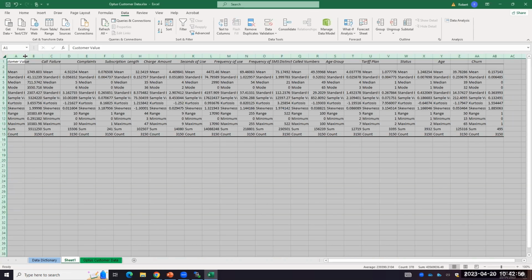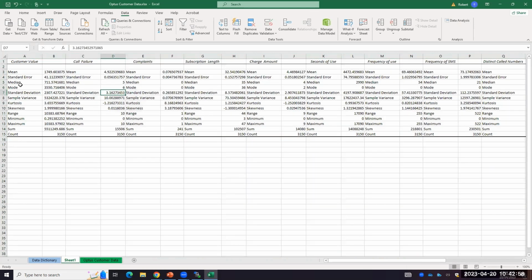And then we'll just expand this out. Okay, so this is good because it tells us something about the data. For example, for customer value, it tells us what the mean, the median, and the mode is. It tells us the standard deviation. It also tells us something about the skewness. So this looks like it's positively skewed.